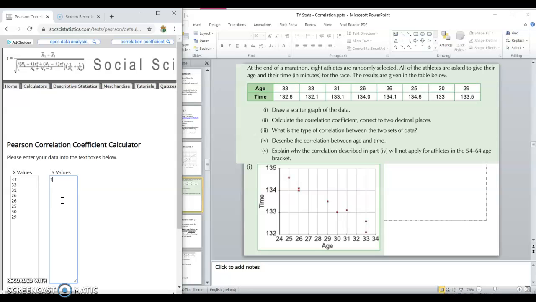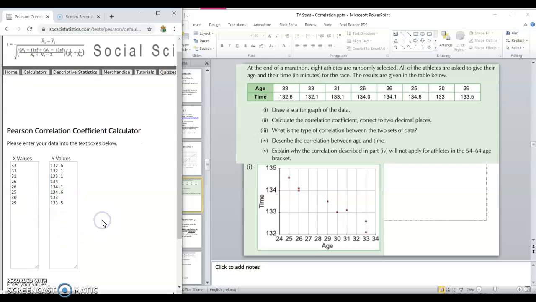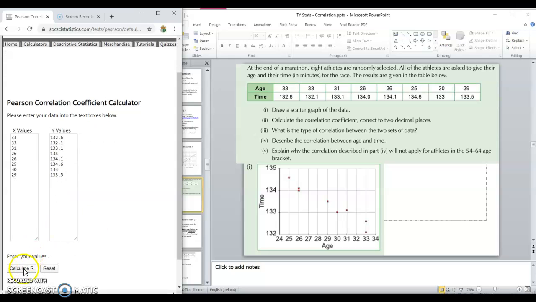Y values then: 132.6, 132.1, 133.1, 134, 134.1, 134.6, 133, 133.5. Okay, same number of numbers in both boxes. That's a good quick check to do.